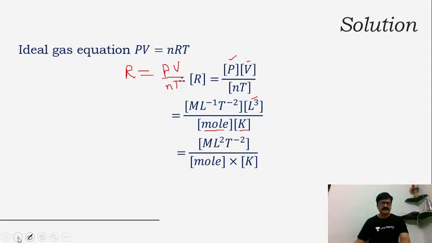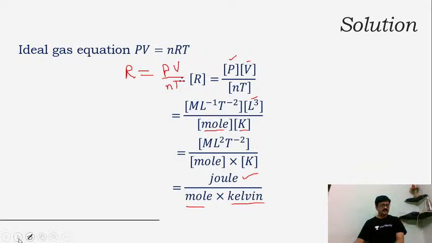Definitely m l square T raised to minus 2 is the dimension of energy or work. So its SI unit is joule per mole per Kelvin. So this is the required SI unit, my dear friends.